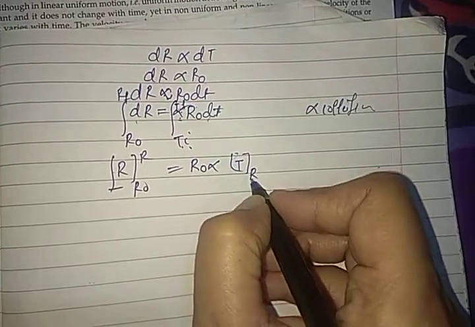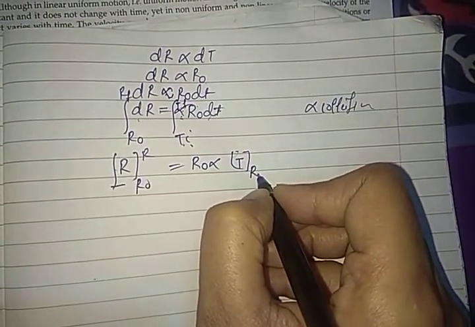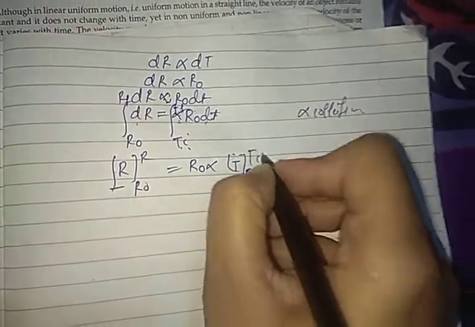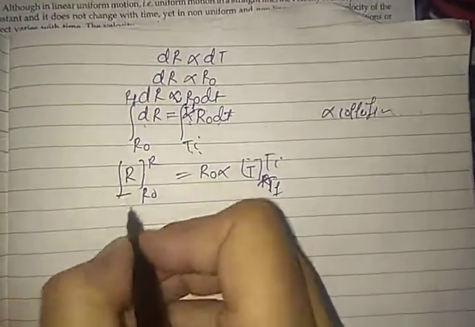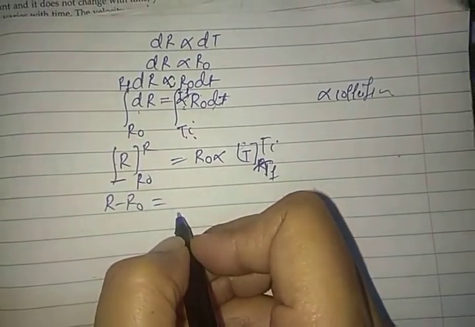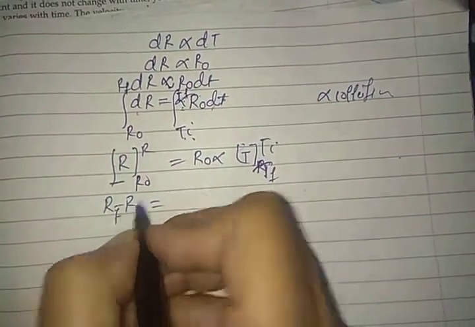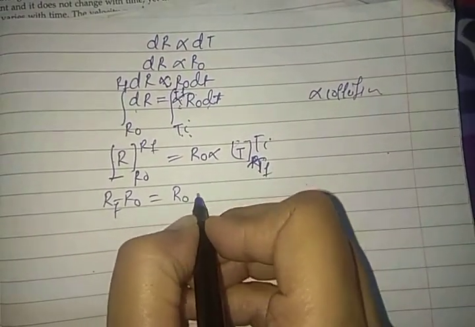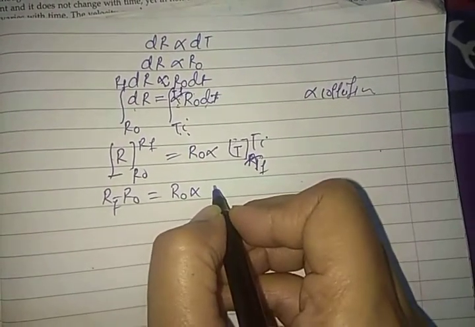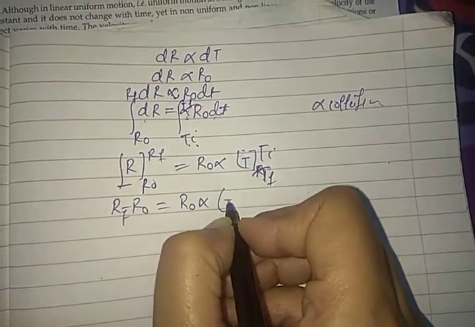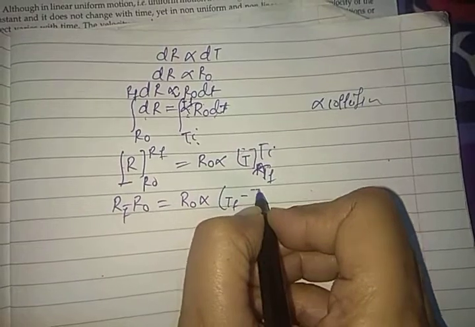Integrating dT, we get T from Ti to Tf, sorry, the limits are Tf and Ti. Now R minus R naught, upper limit minus lower limit, that is Rf minus R naught, and similarly after taking out R naught and alpha, what remains is Tf minus Ti.